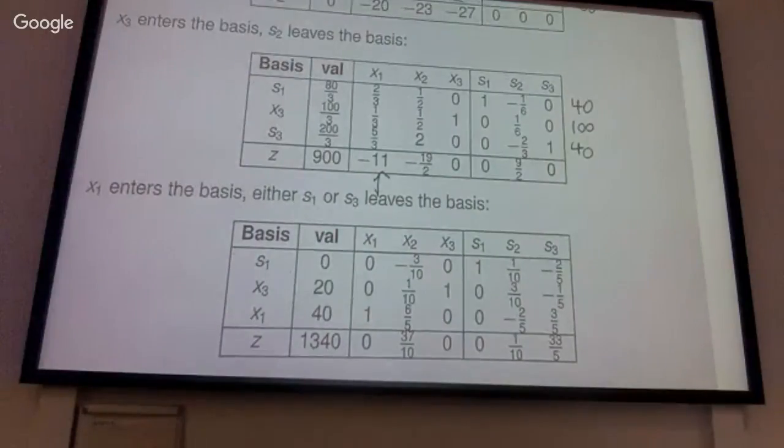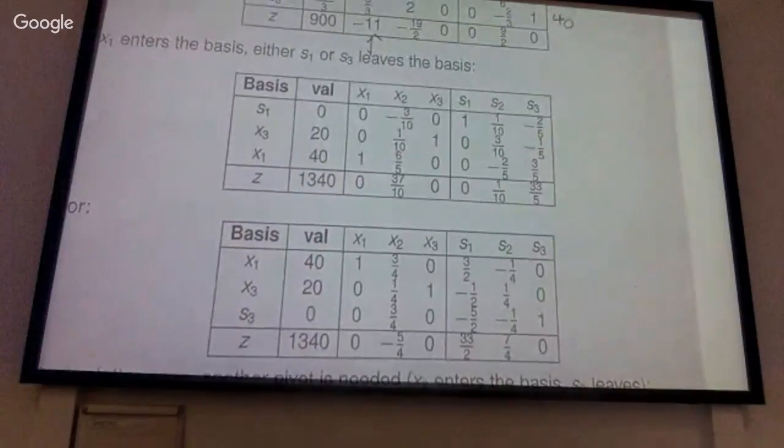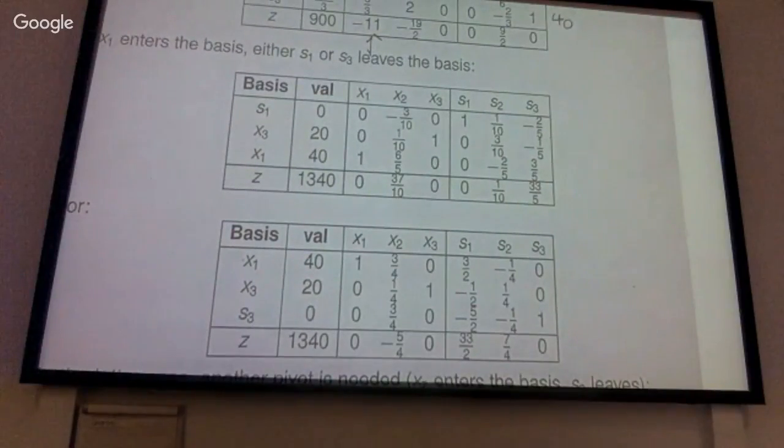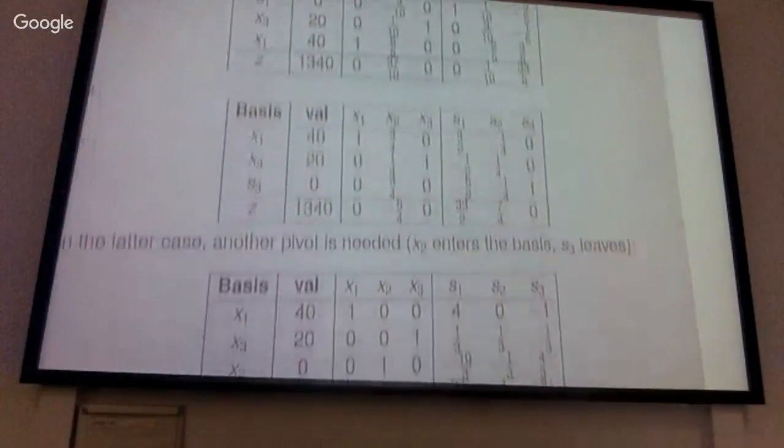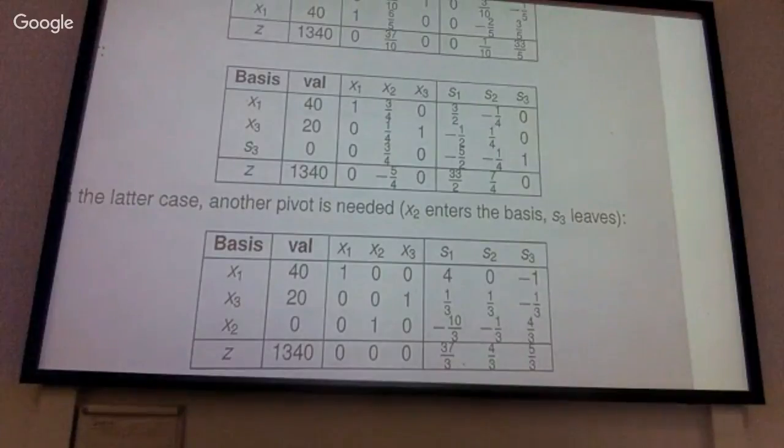If you decided to do the pivot in the first row, so S1 leaves the basis, and you get this tableau, and this one's not optimal. And here you have to do another pivot, which gives you this solution.